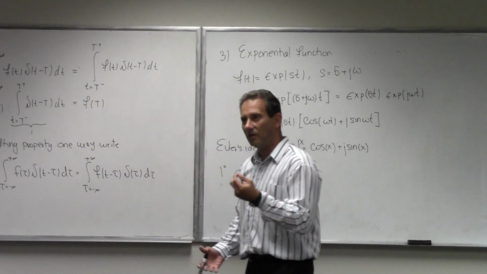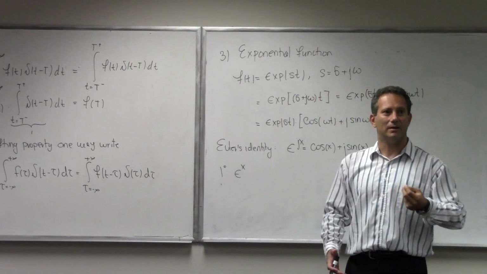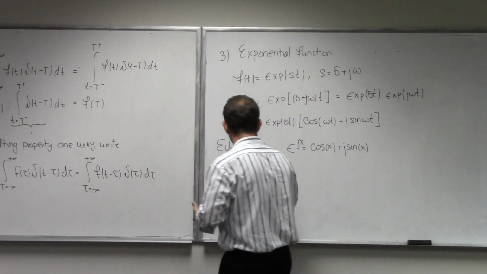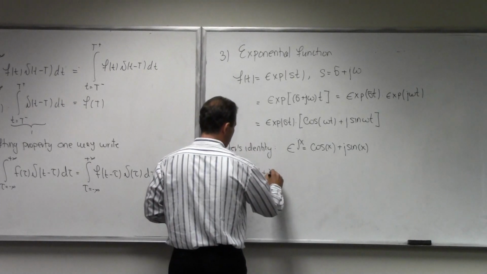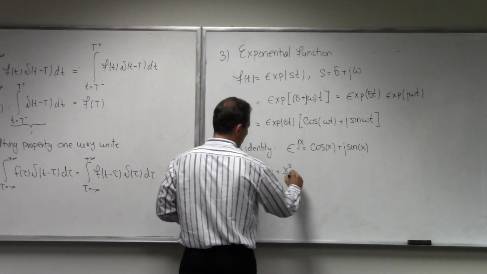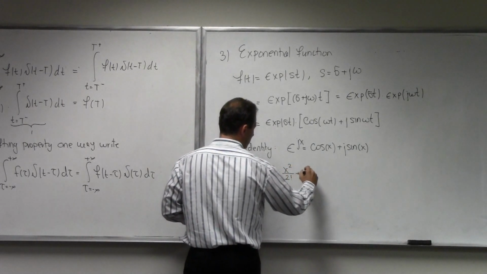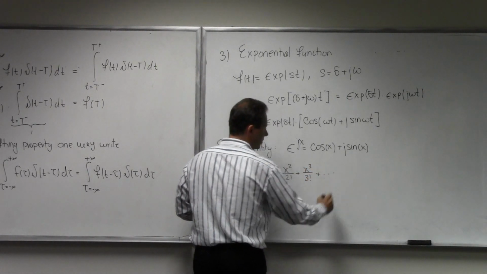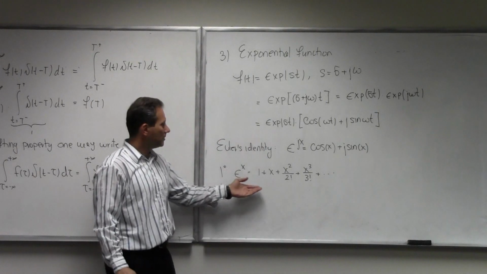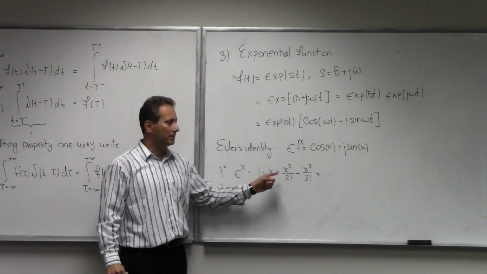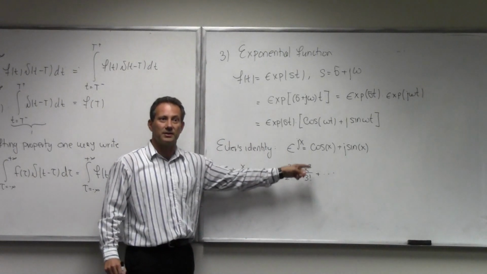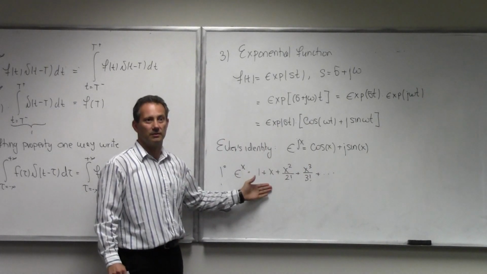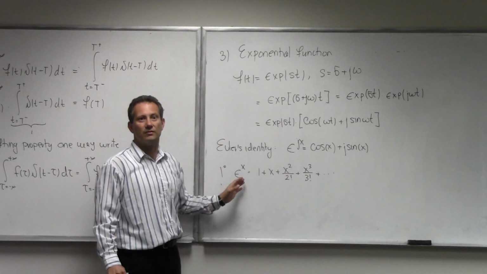So when you think about what is the proper way to define e to the x, it is this: e to the x is equal to 1 plus x plus x squared over 2 factorial plus x cubed over 3 factorial plus and so on, right? There are some powers here, but these are trivial. This is x times x, x times x times x. So I know how to compute e to the x here. And this is the definition of e to the x.